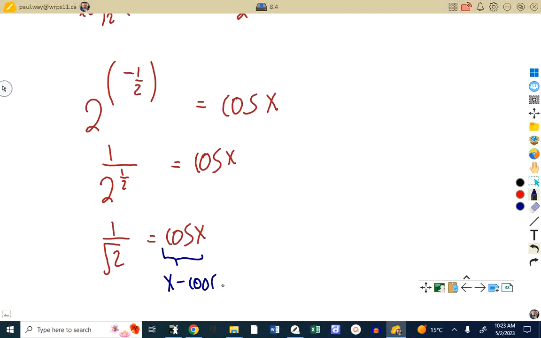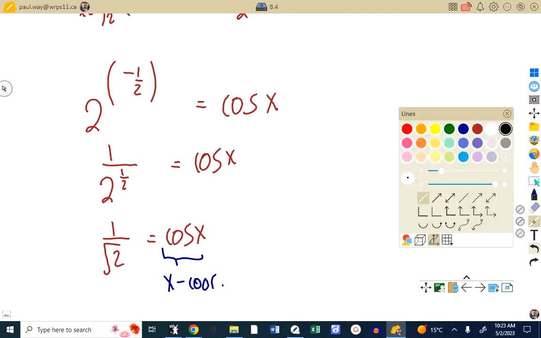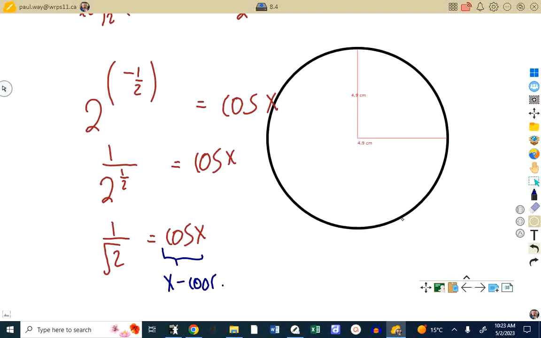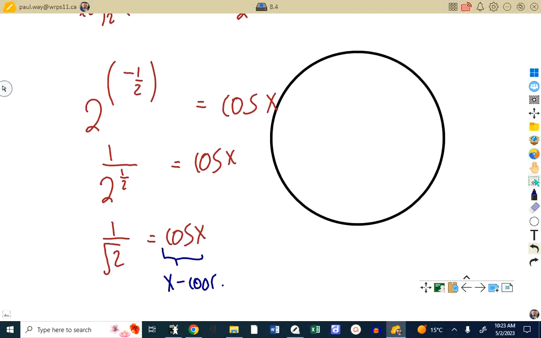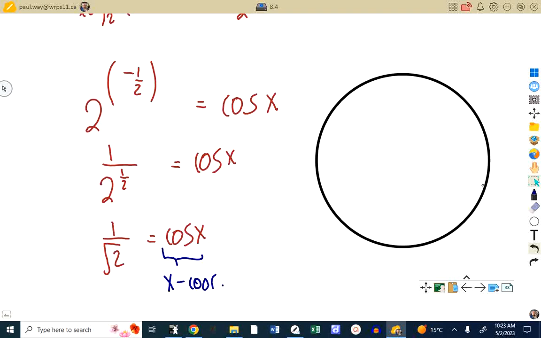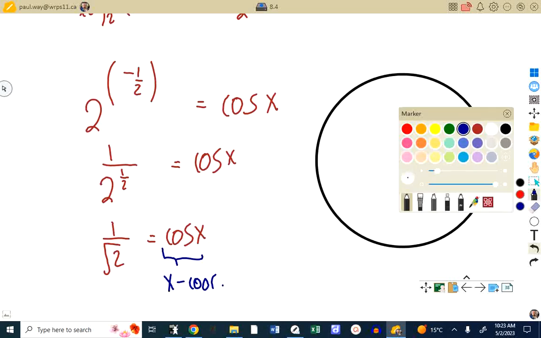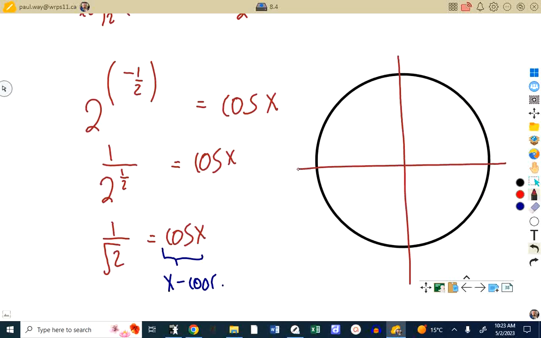You should also know that on the unit circle, the x coordinate is 1 over root 2 at the 45-degree positions in quadrants 1 and 4. So pi over 4 is a solution.